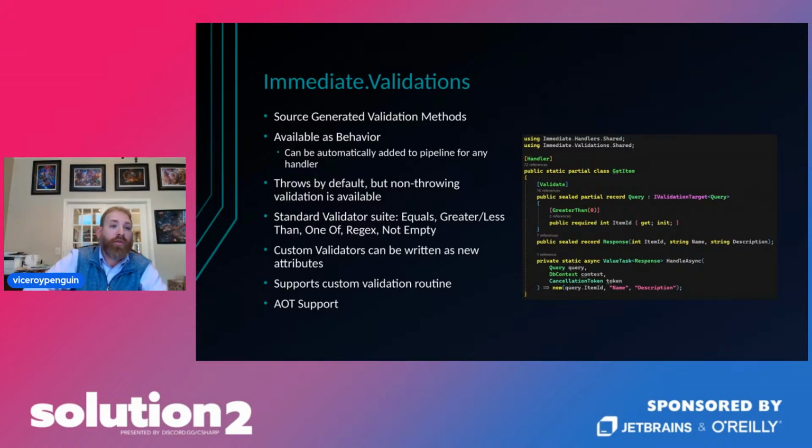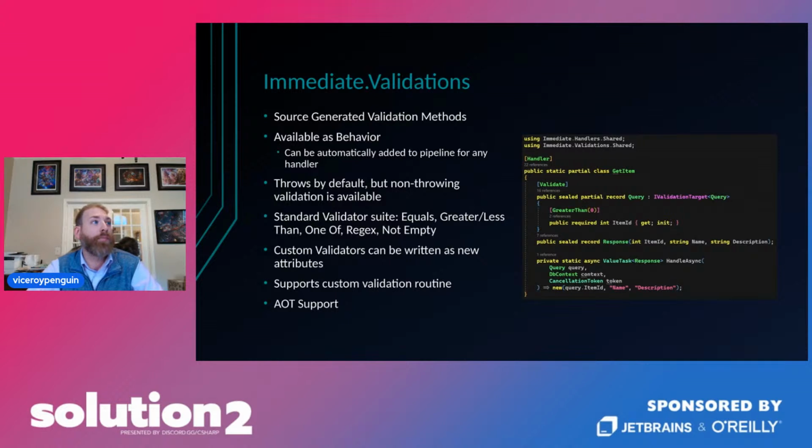We do have support for adding custom attributes if you want to implement your own attribute to validate certain things. But the idea there is that you just add validate to your request and an IValidationTarget, and that will automatically get picked up by the validation behavior.